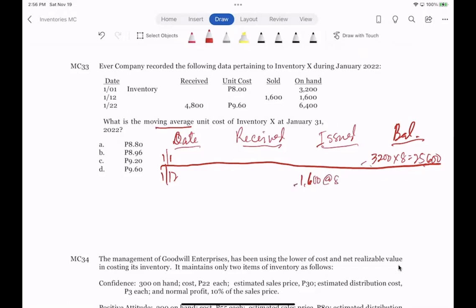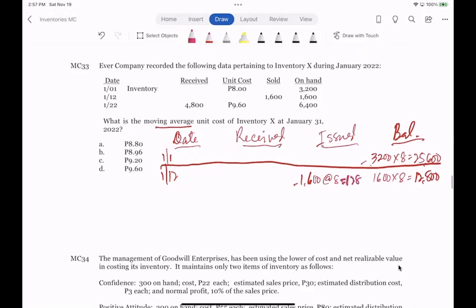Therefore, 3,200 minus 1,600 is the remaining 1,600. Of course, the issuance will not change your unit cost, so that will still be valued at 8. So 1,600 times 8 is 12,800. Or you may deduct from 25,600 the same amount, 12,800. So 25,600 minus 12,800 is 12,800.